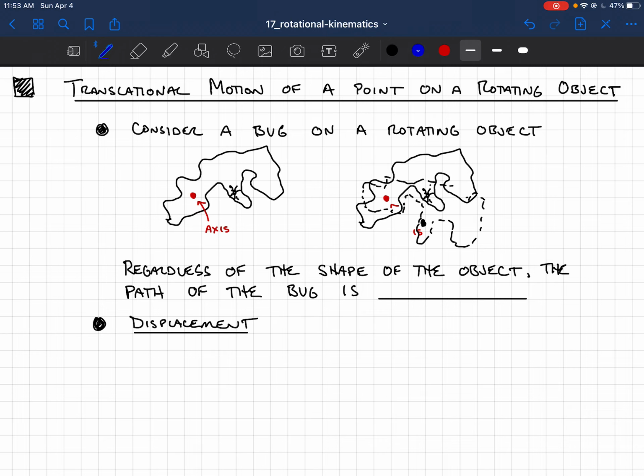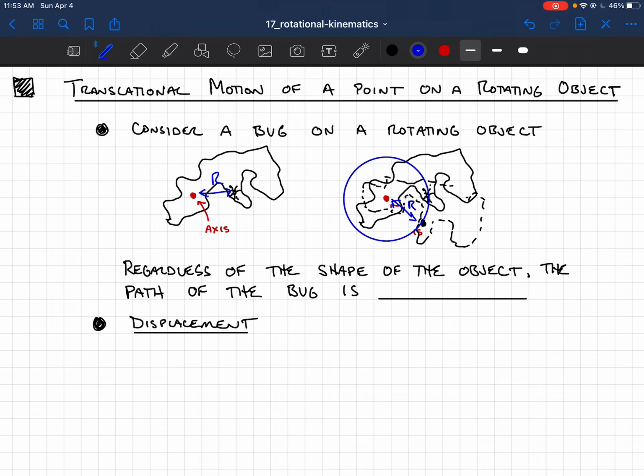So what was the motion of the bug? Well, you can see that the bug just travels on a circle. Regardless of the shape of the object, because the bug's radius from the axis, which we can call r, does not change, and that's because it's a rigid object, the bug's position relative to the axis is always the radial distance, and therefore it always travels on a circle.